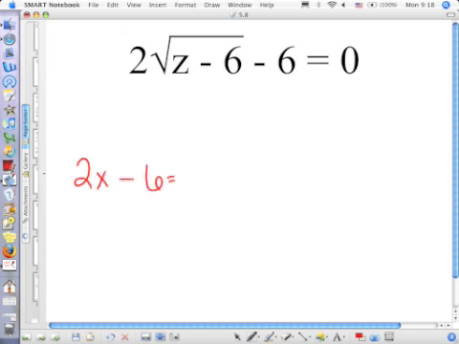This is basically like an equation like this. What would you do first in this equation? Add 6, okay? You undo addition and subtraction first before you undo multiplication. So your first step is to add 6 to both sides. Then you divide both sides by 2.